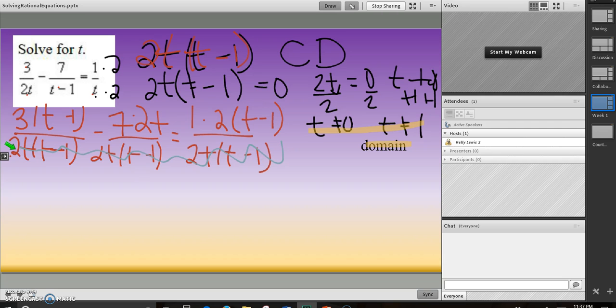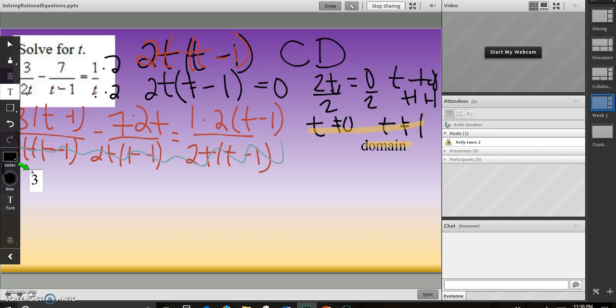All right, so we have, let me type this out. 3 times t minus 1 minus 7 times 2t equals 2 times t minus 1. Okay, that's what that says on the top.